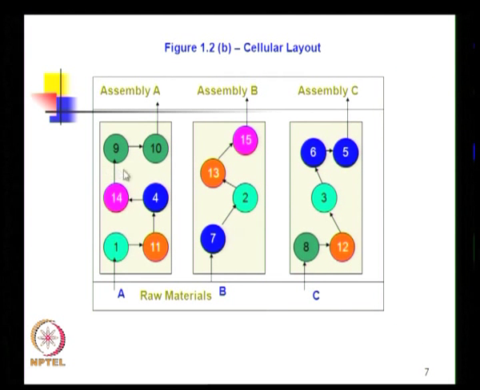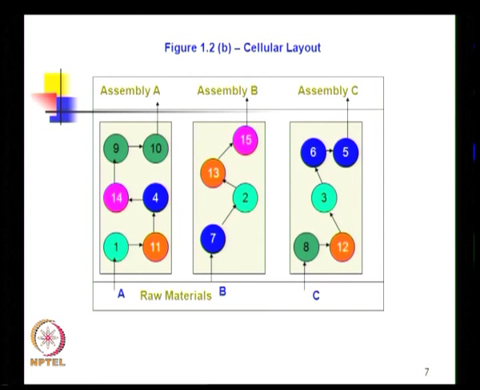It is not necessary that they have to be located very close to each other. Now, in this example, there is no material movement from A to B or B to C or C to A. So, they are like entities or factories within a factory. Material movement is restricted only to within the cell, not between the cells. So, material movement comes down.